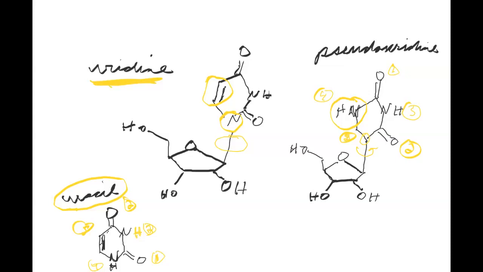Okay, and you lose the double bond because of this attachment to the ring, the 5-sided ring. Okay, now let's talk about why is that important? Okay, so let's do a new screen here.